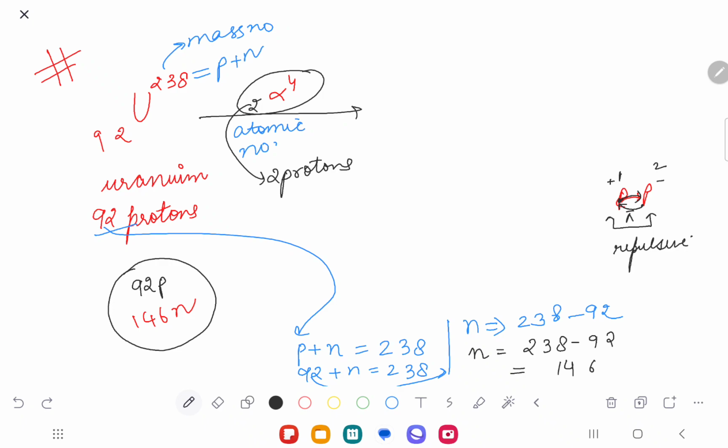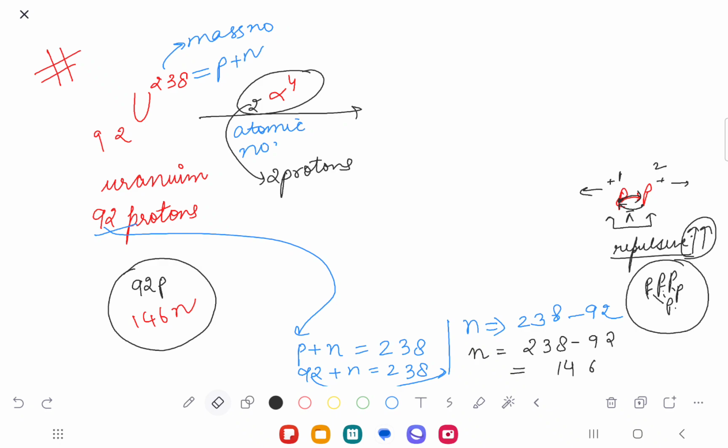The positive charge and the positive charge cause repulsion. Now the number of protons is so high that no matter how much binding force we have, the repulsive force is so high that even the binding force is unable to keep the protons together. And that is why the nucleus is very, very unstable.